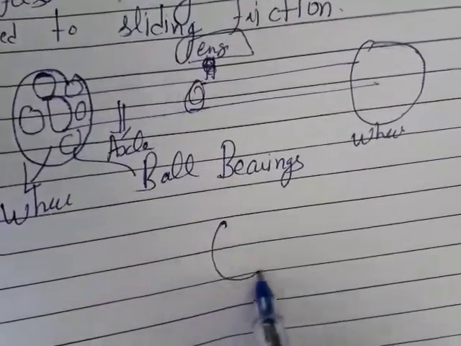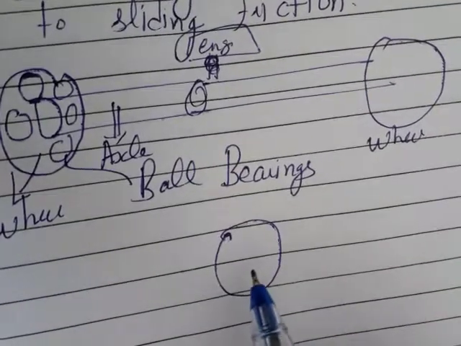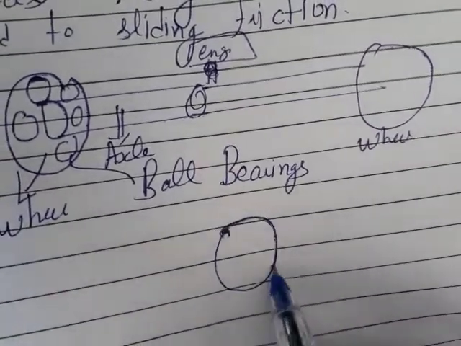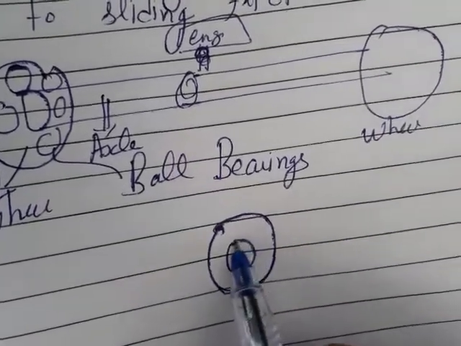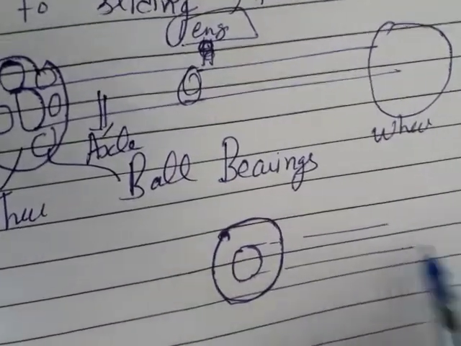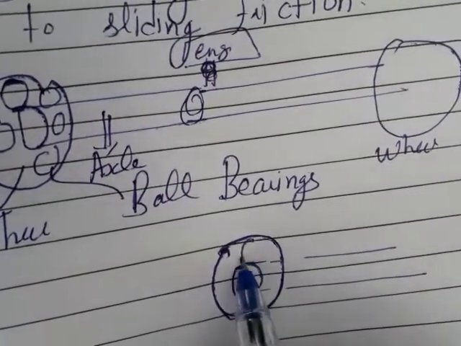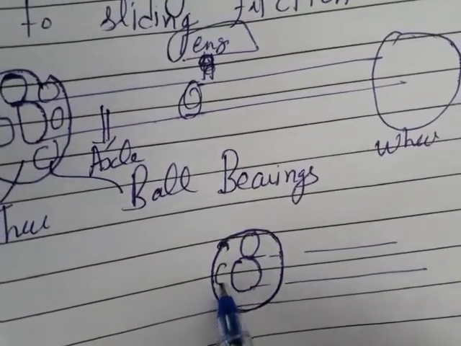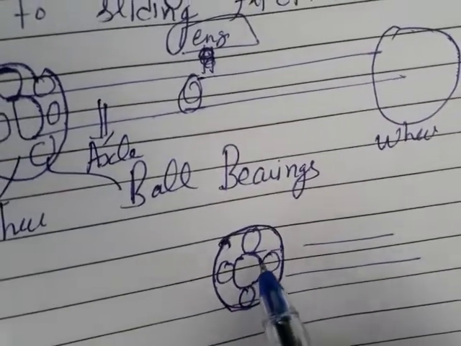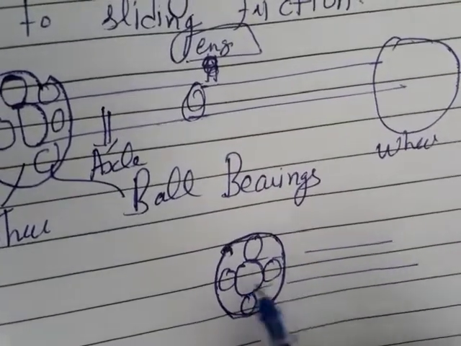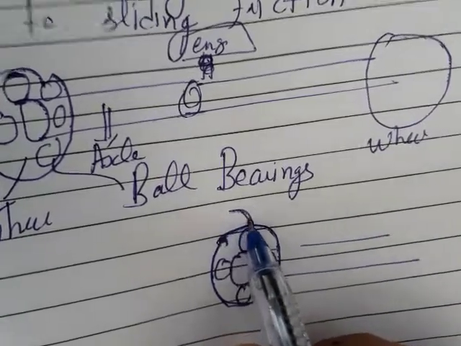Suppose this is a tire of a car, this is the rim of the tire, and here the axle is there which is coming from the engine side like this. They will place spherical balls, because when the axle rotates, these spherical balls will also rotate, and as a result the rim of the car is going to rotate.